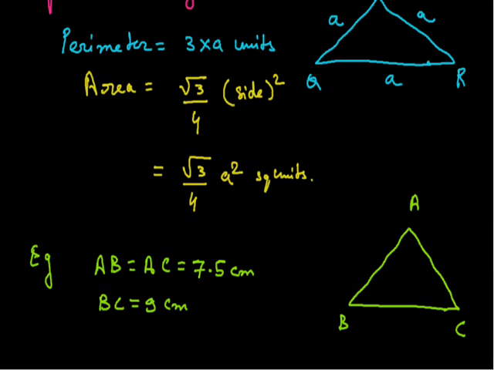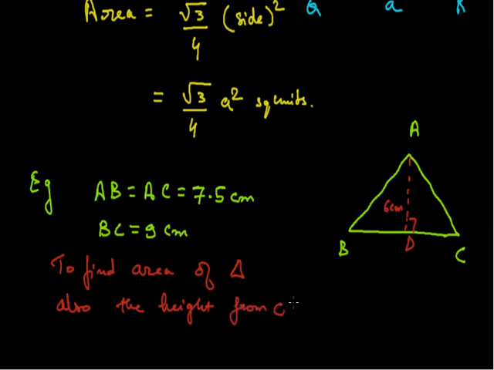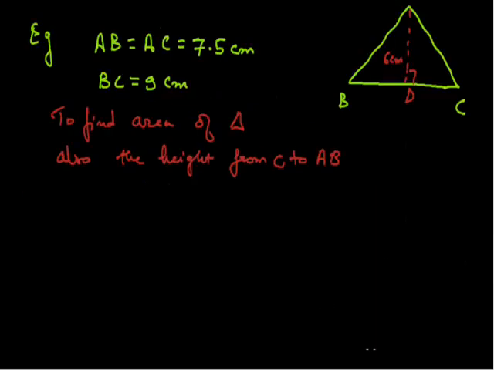Also it is given that the height from A to BC, that is AD, is 6 centimeter. We have to find the area of the triangle and also the height from C to AB.